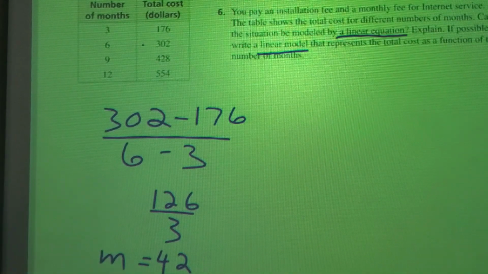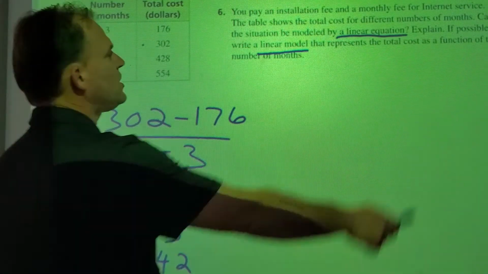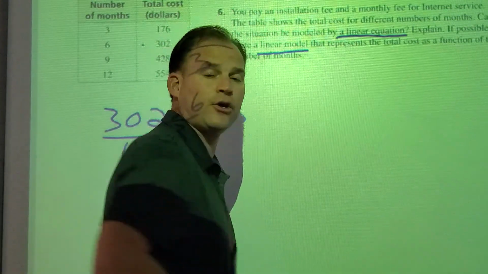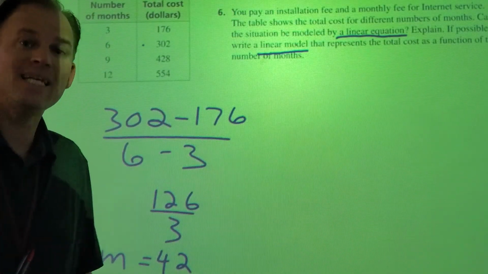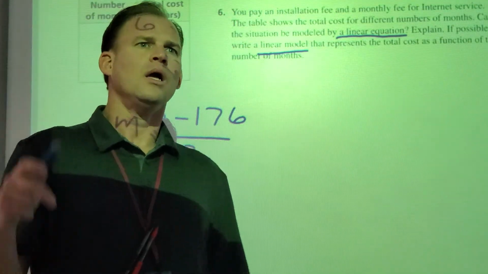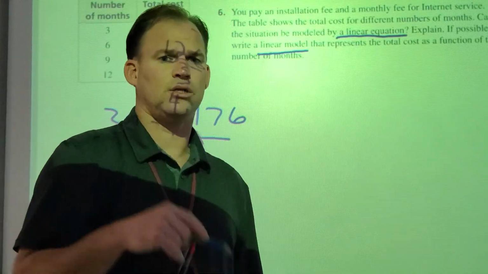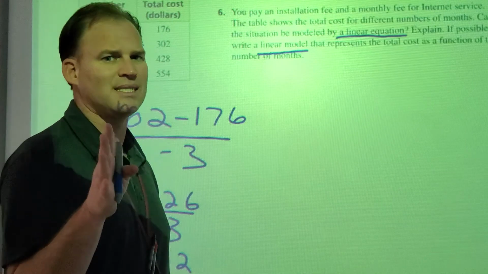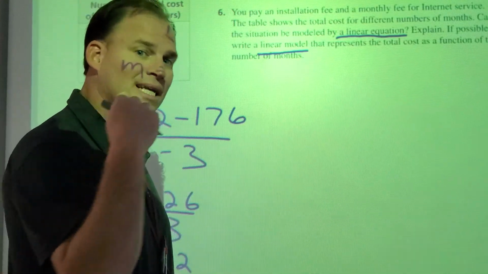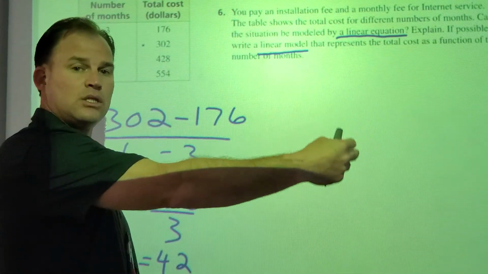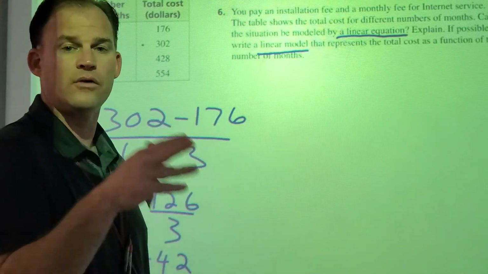That's my slope. Okay? Now the first question is, can this situation be modeled by a linear equation? So the first question is this linear? Well, going back to chapter 3, the first section, second section maybe, we talked about is something linear. If it's linear, it has to have a constant slope. It's got to have a constant rate of change.